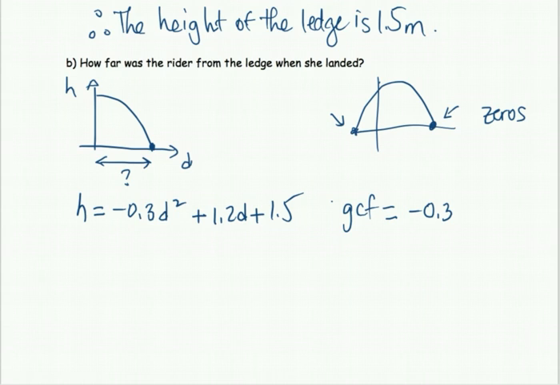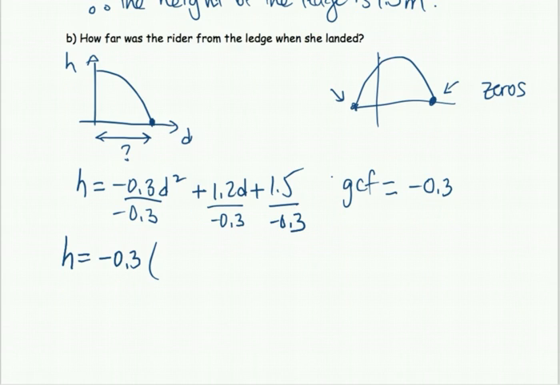And then, we don't want a number there. We always want it to just be 1. So it's 1x squared, or in this case, dx squared. So let's take the negative 0.3 out of everybody here. Then we're going to write our common factor outside. No letters had to be divided out because the 1.5 didn't have a d.